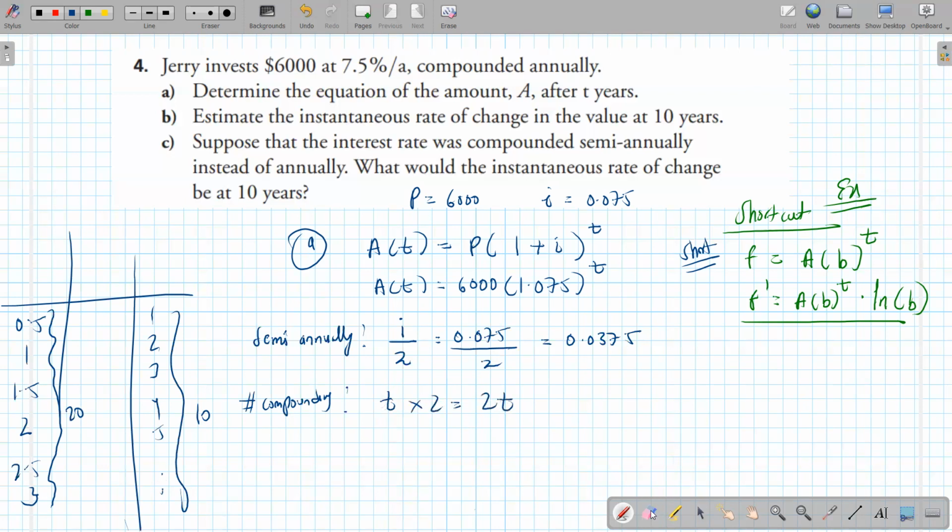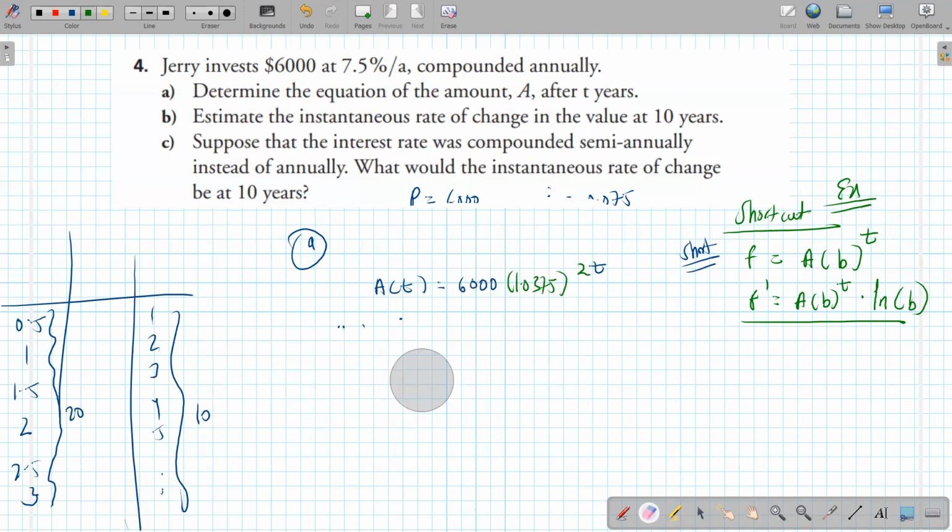So you get 2t. So your equation, if you use semi-annually, in this case, would look like you need to add that thing. So our interest rate is now 1.0375, but now our exponent becomes 2t, okay? Like that, 2t, if you're compounding it semi-annually.